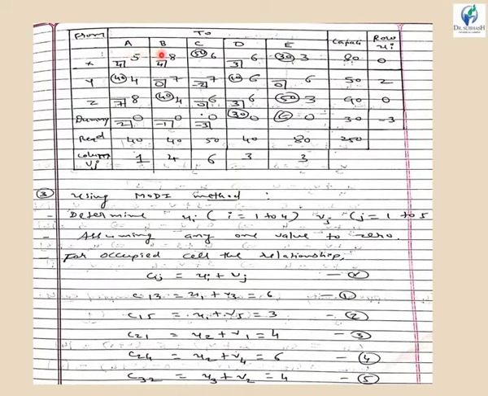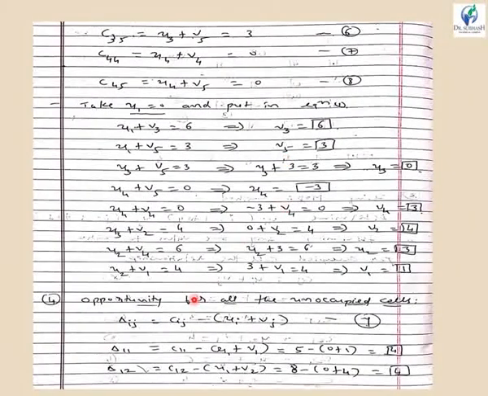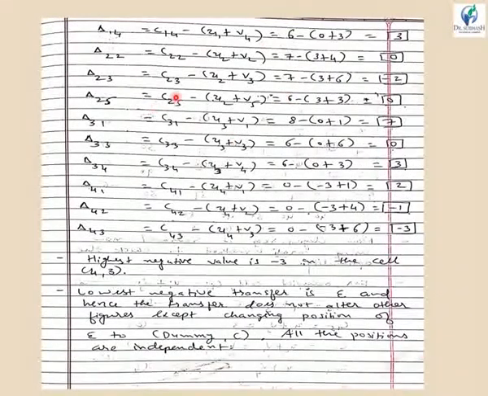So this is unoccupied, this is unoccupied, this is unoccupied, this one is occupied, this is again unoccupied. We will find out delta ij for all the unoccupied cells. Delta 11 is an unoccupied cell, so it is C11 minus (u1 plus v1). C11 is 5 minus (0 plus 1), which is 4. Similarly, we have obtained delta ij for all the unoccupied cells using the relationship.